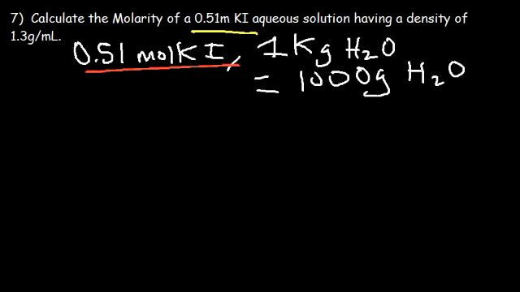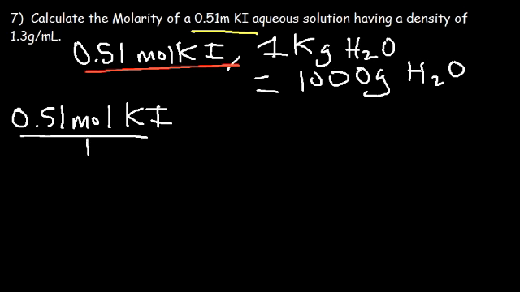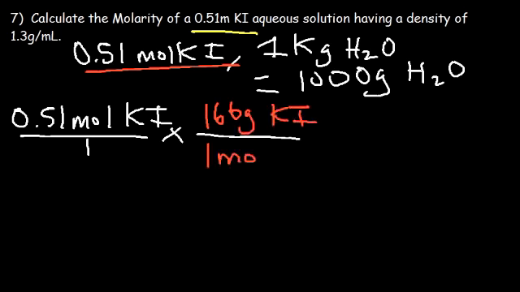So let's start with 0.51 moles of KI, and let's convert it to grams so we can get the grams of the solute. Potassium has a molar mass of 39.1, and iodine has a molar mass of 126.9. So combined, the molar mass of KI is 166 grams per 1 mole.